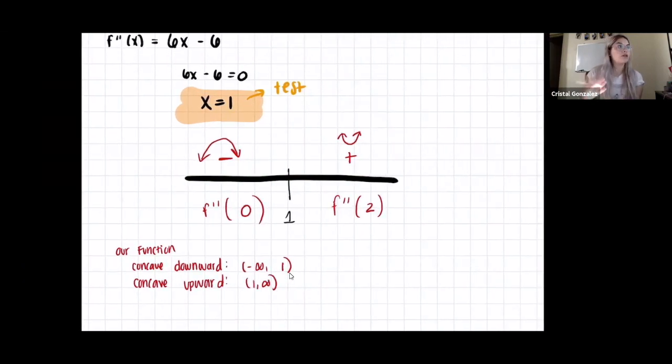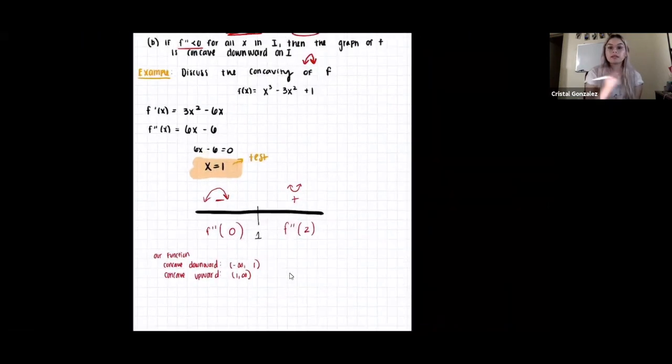Okay, and so that's how we would discuss the concavity of a function, just by saying the intervals. And this tells us how our function is behaving so that we are able to easily graph it, which is what we're going to be doing in 4.3.